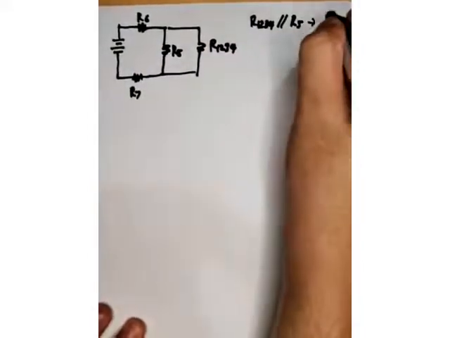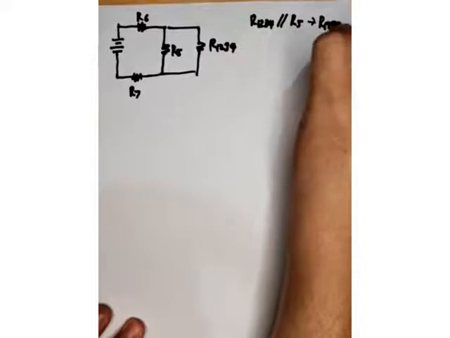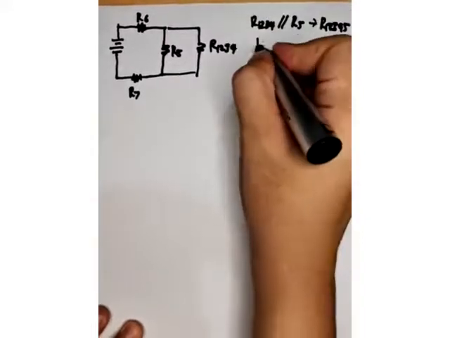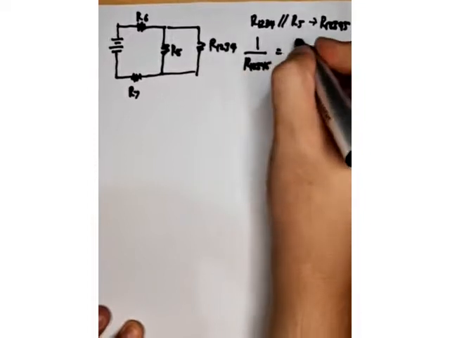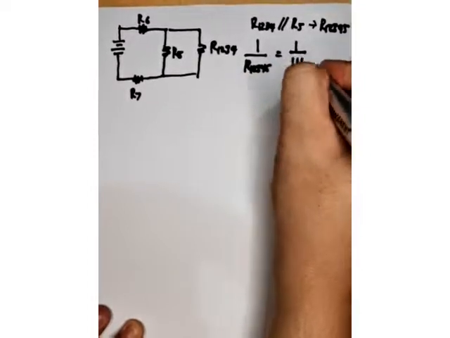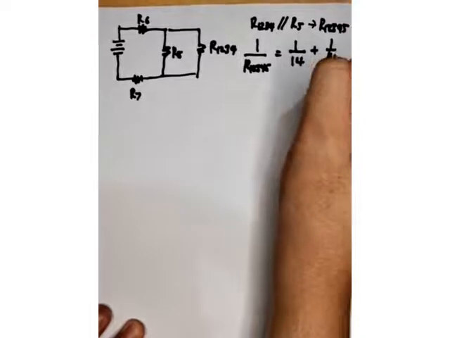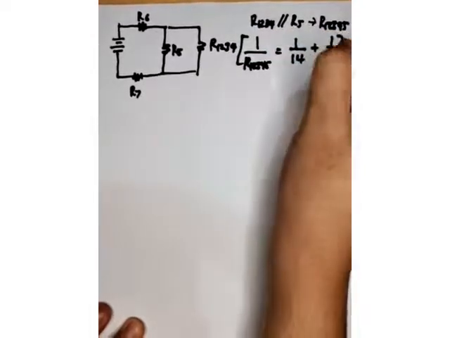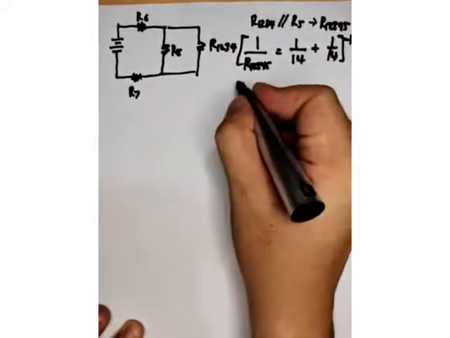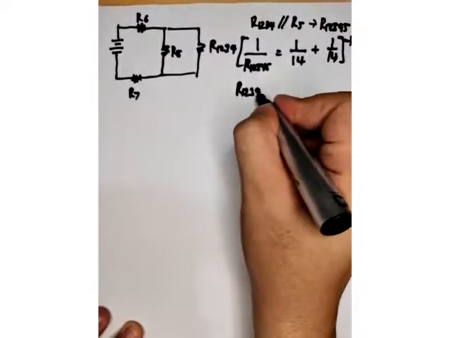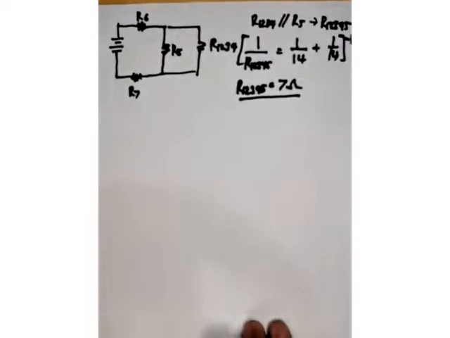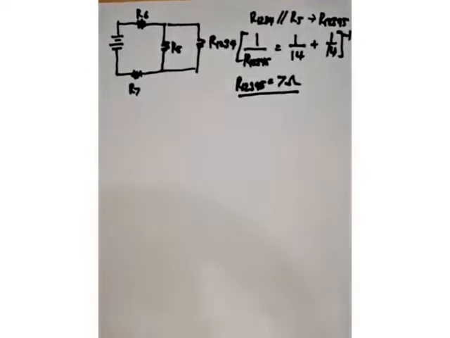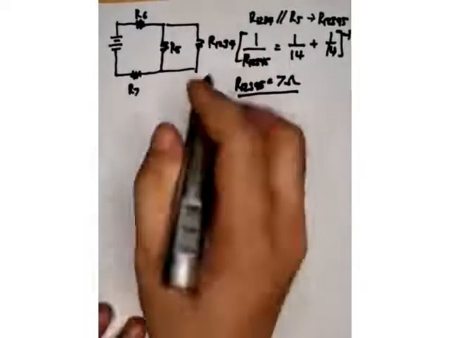So, let's call this R12345. So, 1 over R12345 equals 1 over 14 plus 1 over 14. You get the reciprocal. Therefore, R12345 is equal to 7 ohms. Because they are both 14, right? When they are equal, the answer is half.